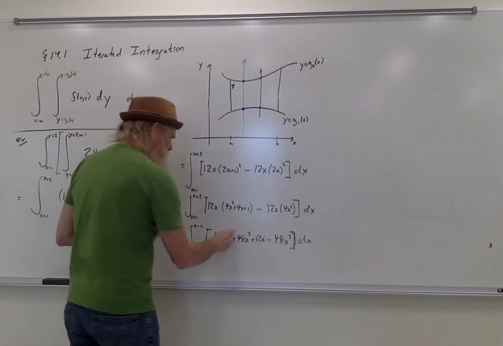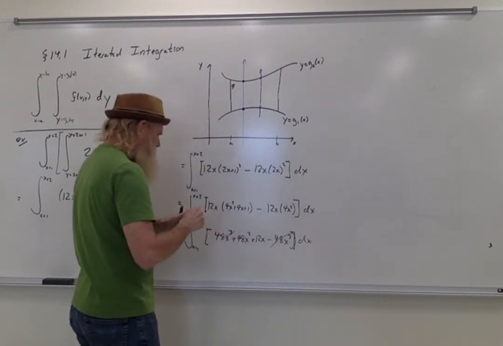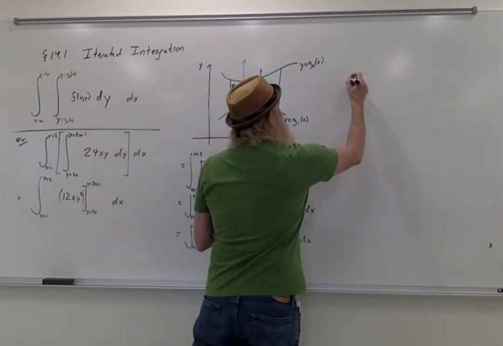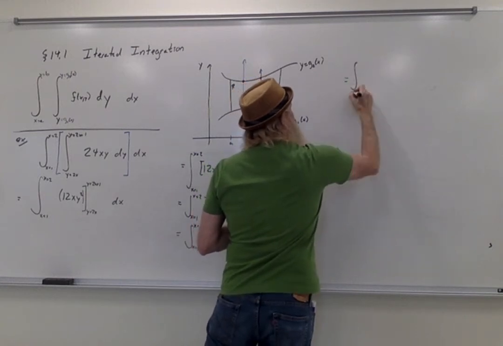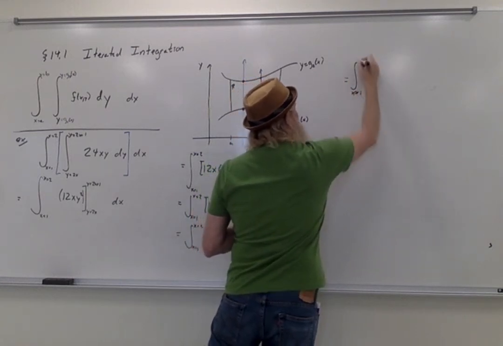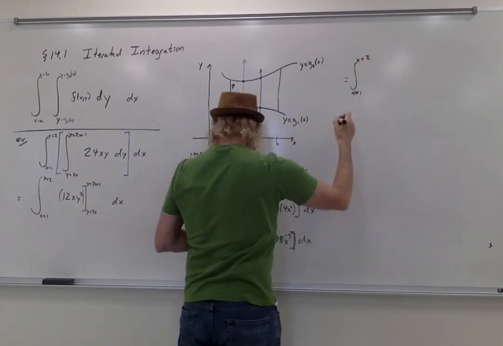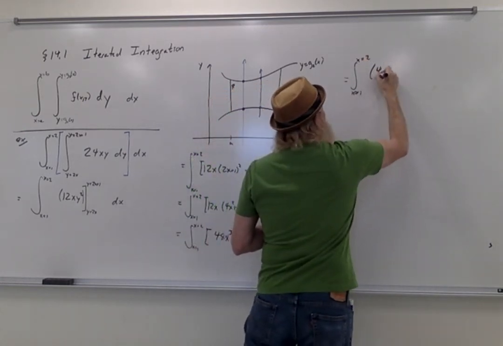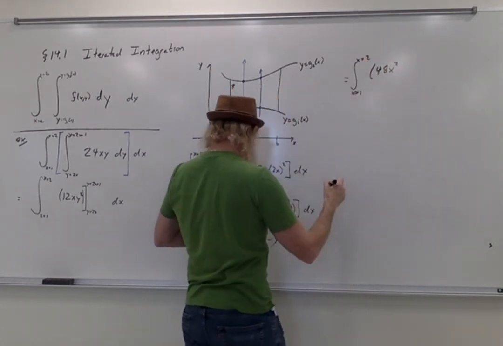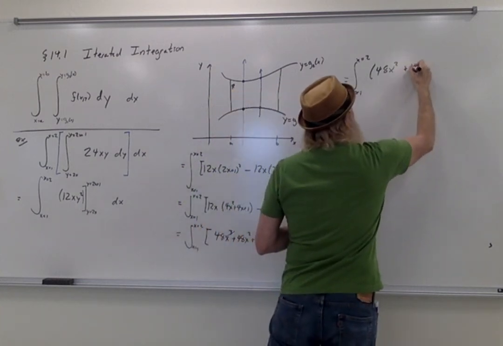And notice that the 48x cubes cancel out. So my outside integral from 1 to 2 is of 48x squared plus 12x.